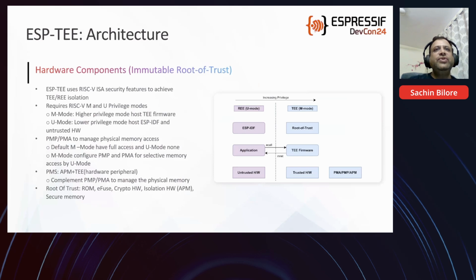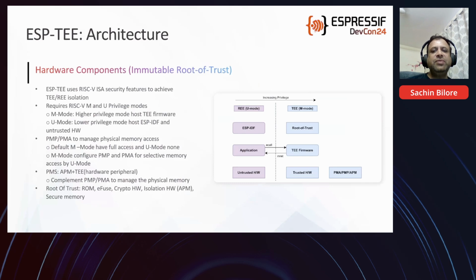So we saw the abstract view of the ESP TEE. Let's understand how it relies on the ESP chip. ESP TEE is designed for the ESP SoCs based on the RISC-V architecture. We use RISC-V primitive security features to implement the ESP TEE.